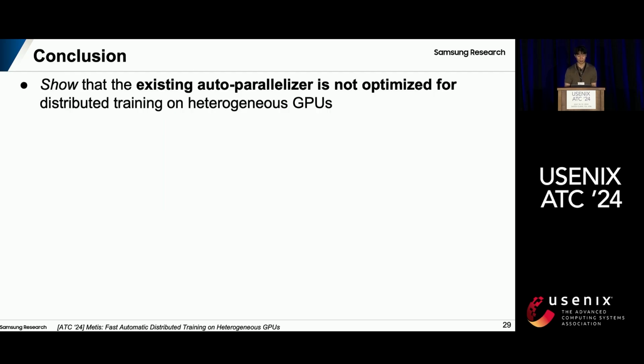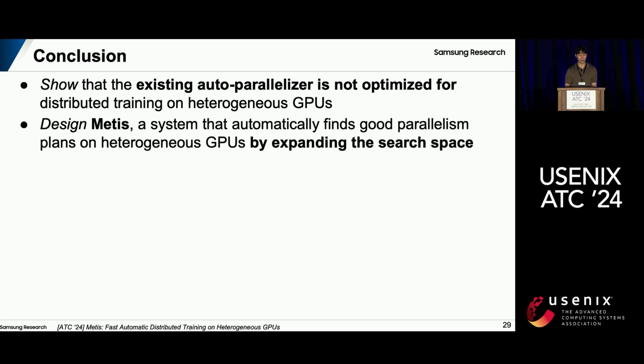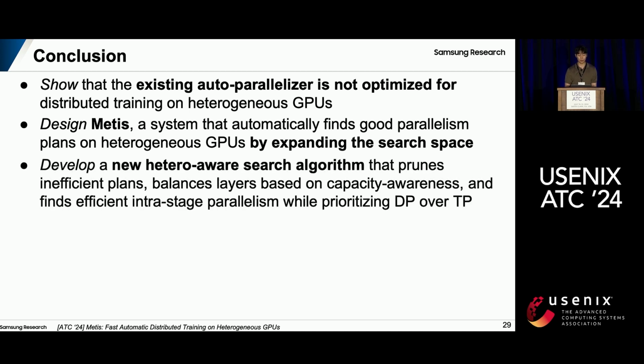So, in summary, we show that the existing auto-parallelizers are not optimized for distributed training on heterogeneous GPUs. So we designed Metis, a system that automatically finds a good parallelism plan on heterogeneous GPUs by expanding the search space. However, because of the huge search overhead, we developed a new hetero-aware search algorithm that incorporates several techniques.